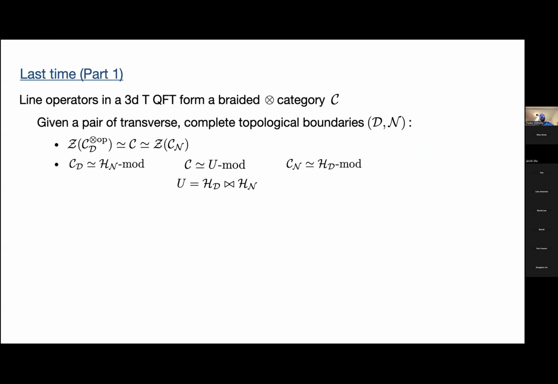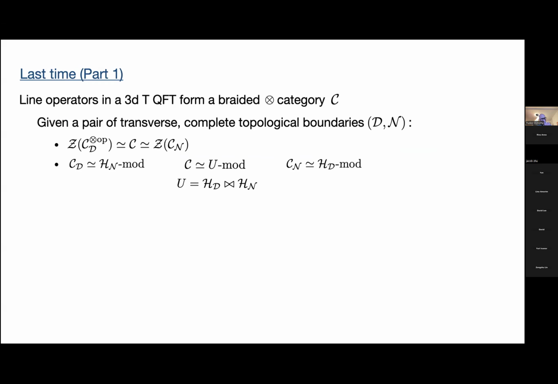So what I was going to say is, I guess the pictures don't do much for you. This Hochschild homology functor for me is taking the two-dimensional boundary and wrapping it on a circle. What you end up with is something that looks like a thick line that's empty on the inside and has the theory on the outside.